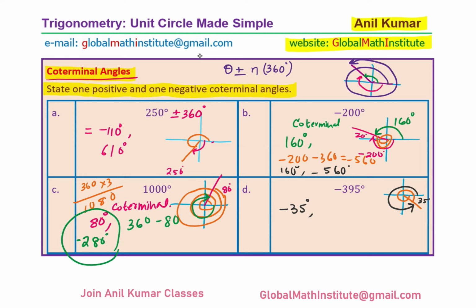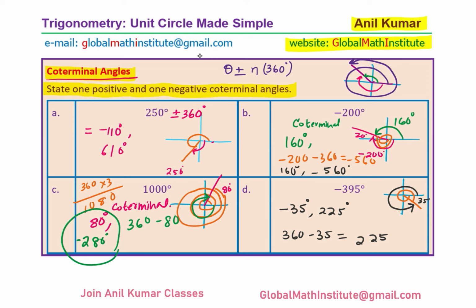Which is 360 minus, let me work out, 360 minus 35, correct? So that gives me 325 degrees.